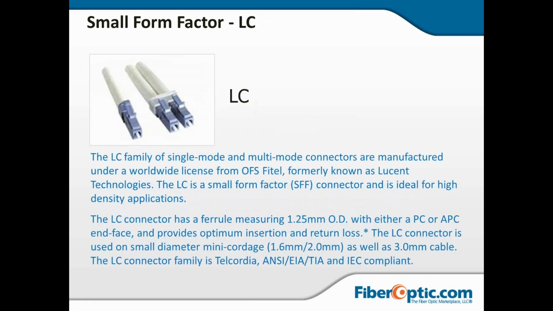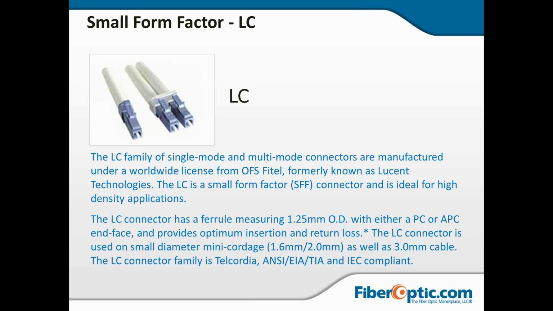Now LC, I think we covered pretty much everything on this slide already. I do tend to get ahead of myself sometimes when I'm looking at a slide, and I'll say everything about the LC, and then I get to a slide where I've got the information written down. The ferrule is 1.25.